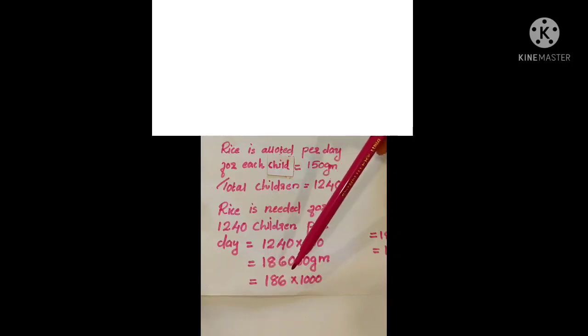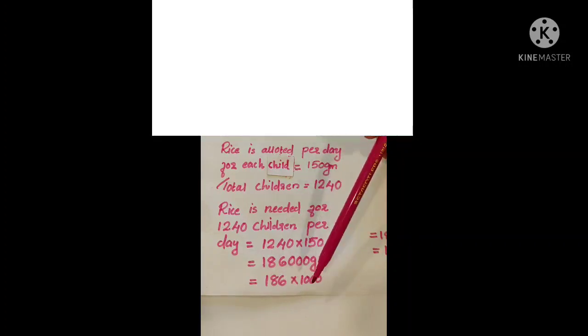Here we can write 1,86,000 as 186 into 1000. We know that by multiplying with 1000 we get 3 zeros at the end of the number. Is it? Yes. 1,86,000 is equivalent to 186 into 1000.